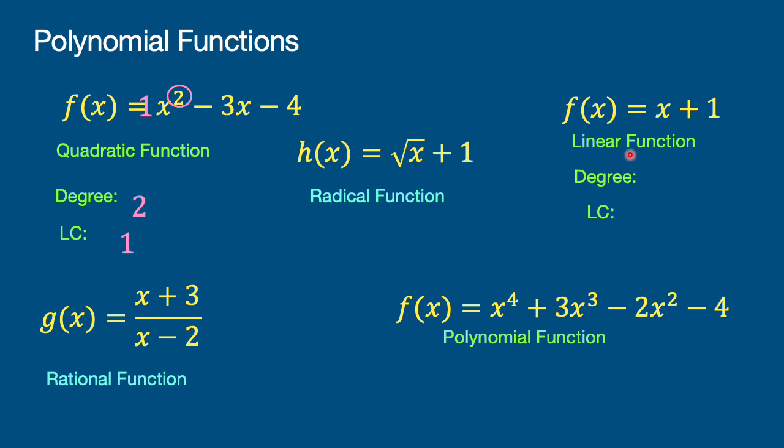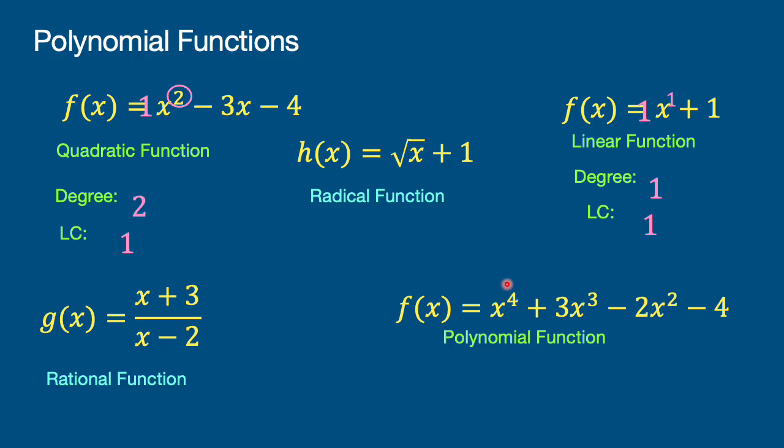Another one is a linear function. In that case, the degree is 1 and the leading coefficient is 1. So a degree 1 polynomial has its own name: that's the linear function. In this session, we're going to study polynomial functions with degree greater than or equal to 3.